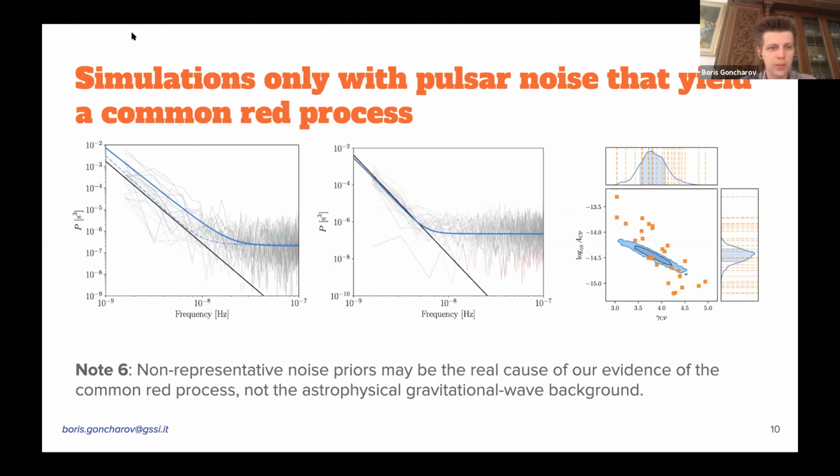We did a simulation demonstration to show this. The takeaway message is that we need to be very careful about our priors for the noise, and maybe a more detailed analysis will be happening very soon to follow up on that.